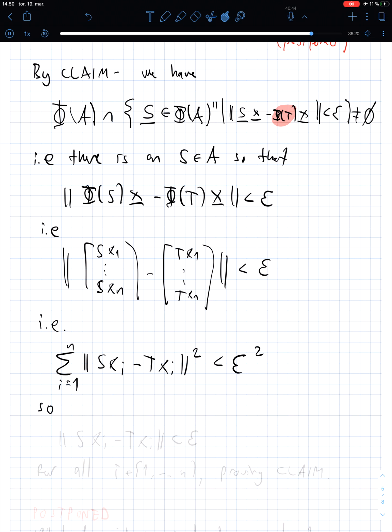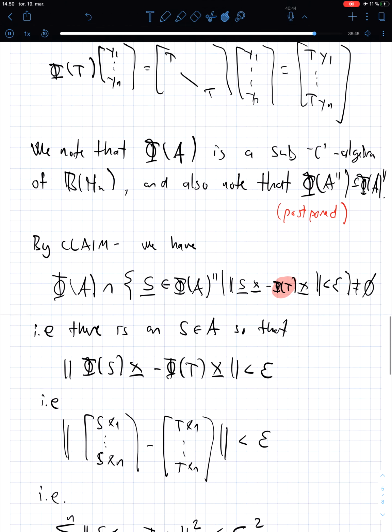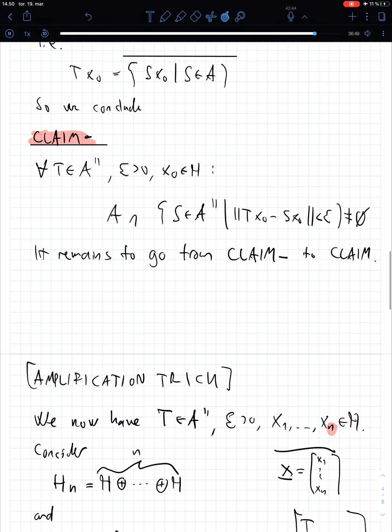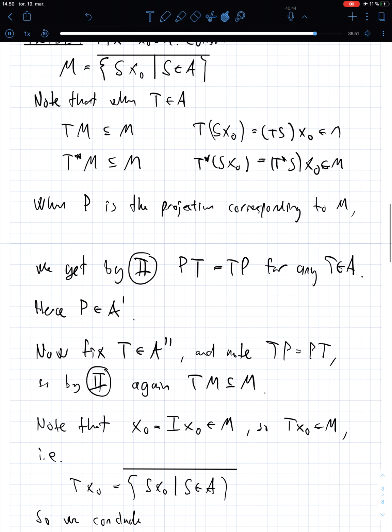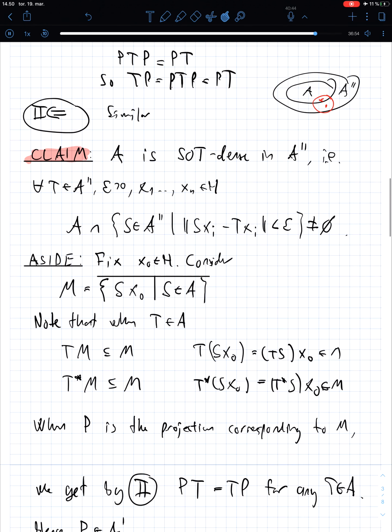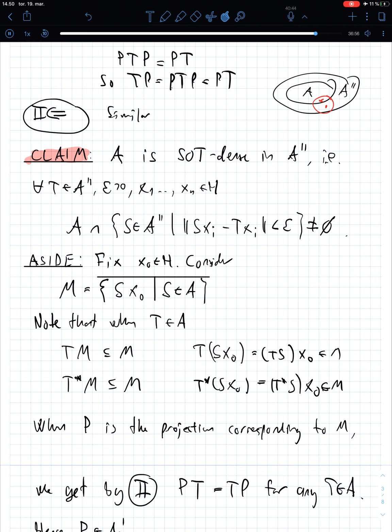So that means that Sxi minus txi is less than epsilon for all i from 1 to n, proving the claim. Right? Because that means that in the original A, we have found an element S which is close to T, not just on a single element, but on the n-tuple of the elements up to epsilon, proving that there is an S in that neighborhood as we wanted.